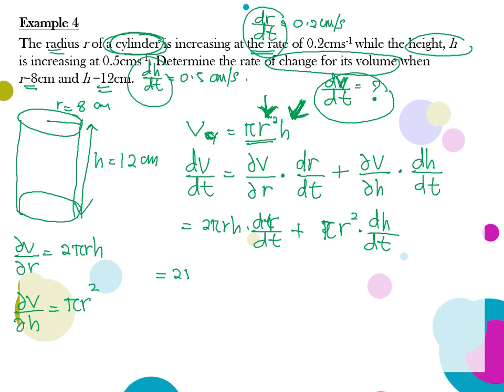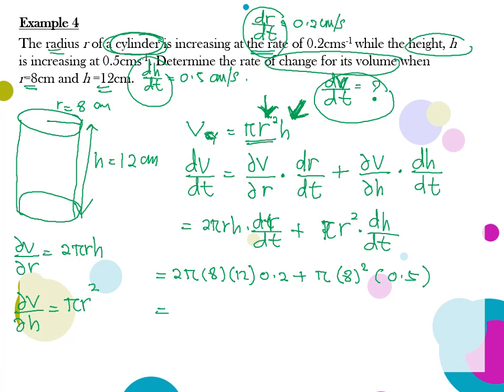You have all the information of the unknown here. So 2 pi r, which is 8, times h, 12, and your dr dt is 0.2. Make sure all the units here are equal. Plus pi, and then you have r squared, which is 8 to the power of 2, and dh dt is 0.5. Multiply all this, insert into your calculator.